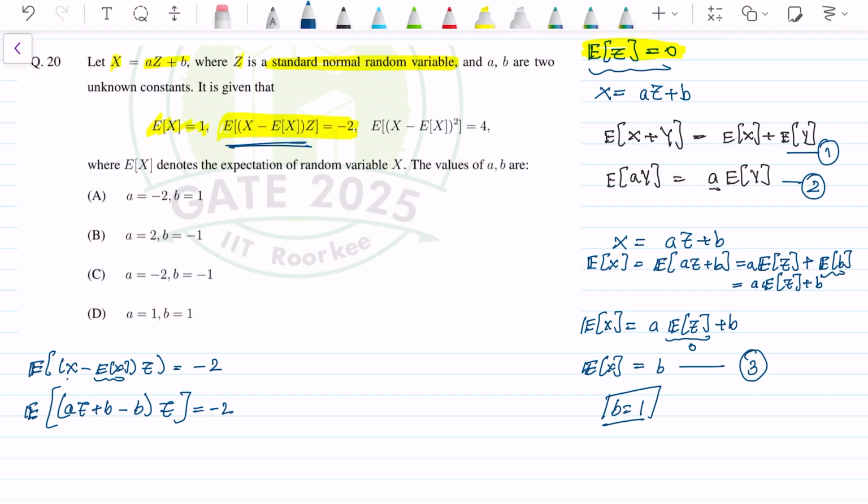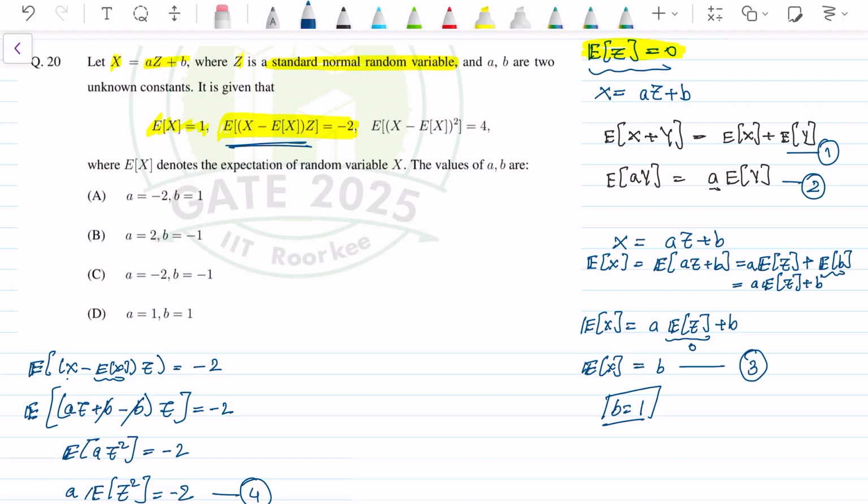Okay, now we can cancel b and it comes out that expectation of az square is -2, and using the equation 2 we can rewrite this as expectation of z square into a is -2. ठीक है, now we'll call this as expression 4.